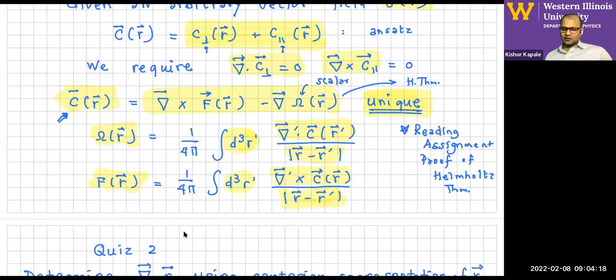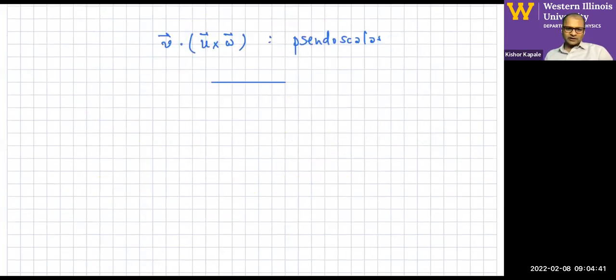Some of you, I think almost all of you, have heard of the method of images technique. It is possible because of this uniqueness of the Helmholtz theorem. If you found the solution by some means, then that solution is unique. It's guaranteed to be the only solution for that problem. And that's the power of it. To understand that uniqueness, you need to look at the proof, which I'm skipping here.